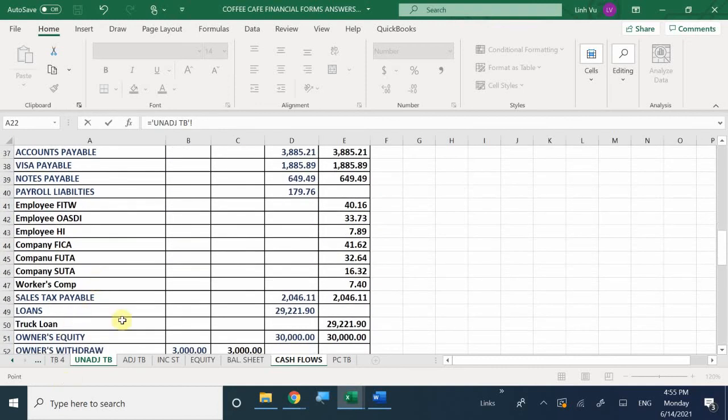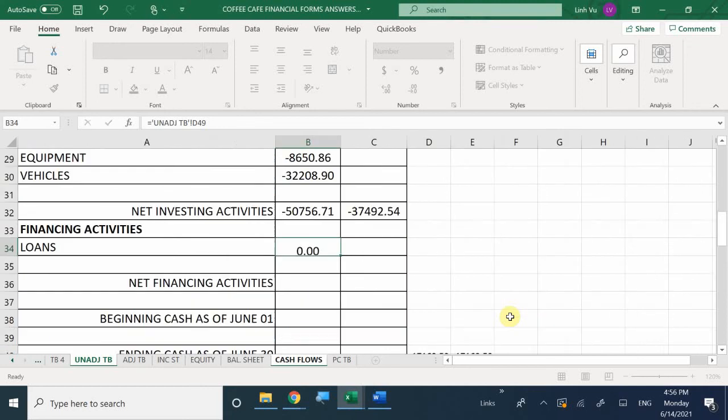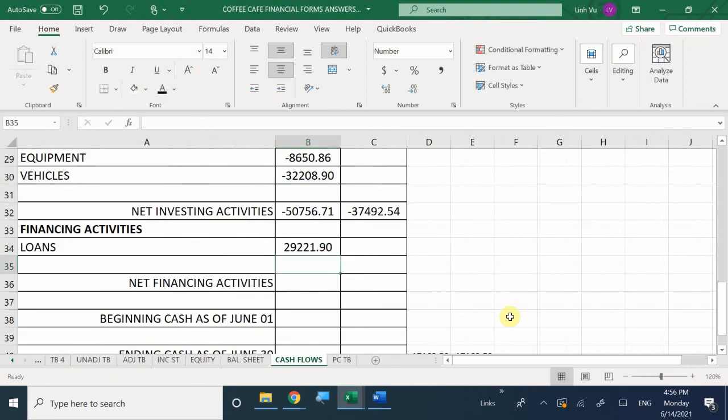Is it 28,445.14? No, that's because we were supposed to make a payment for that. What was the original amount that I took a loan out for? 29,221.90. This is my original loan that I took out. So there you go.